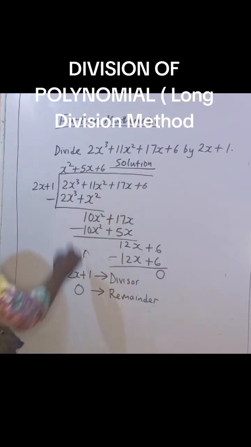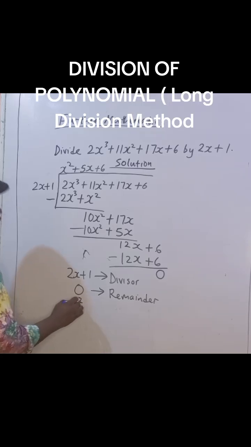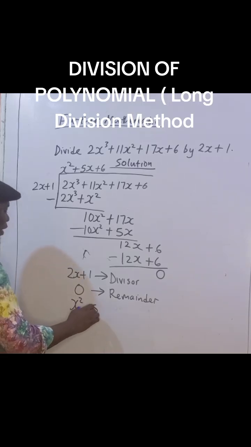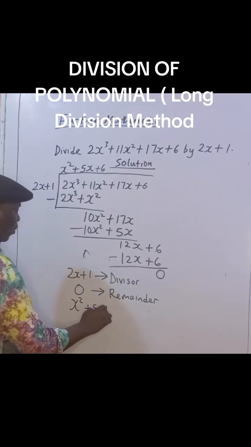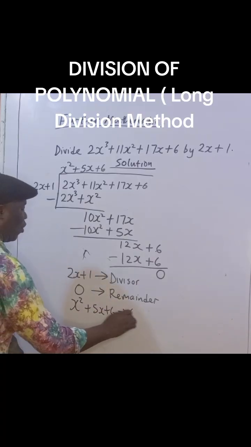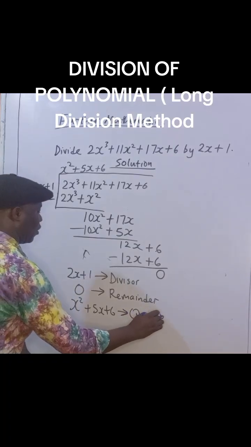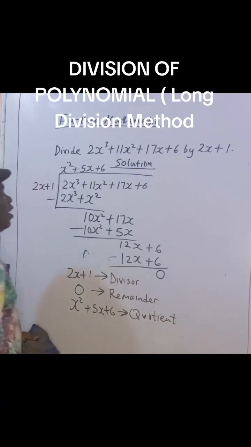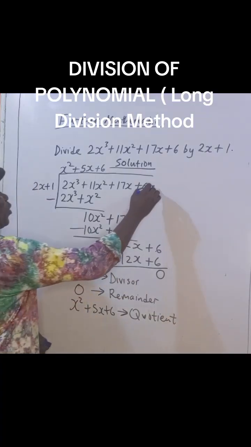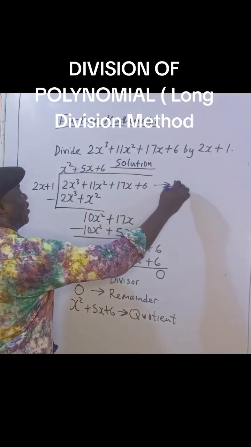And then what you have here, x squared plus 5x plus 6, is what we call your quotient. And this is what we call the dividend.